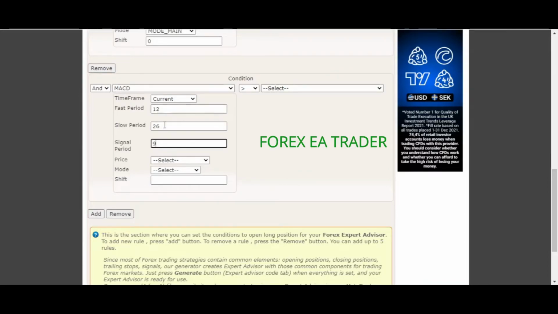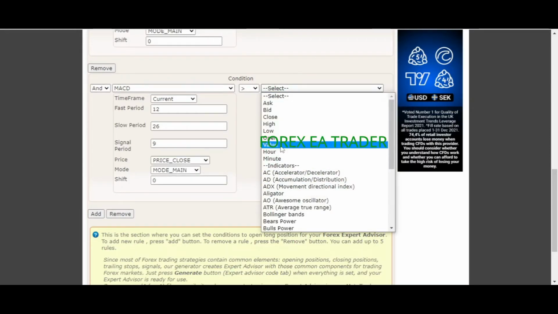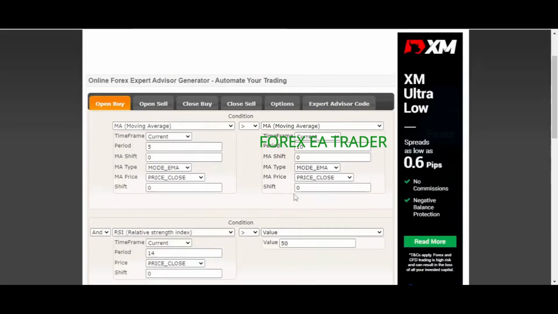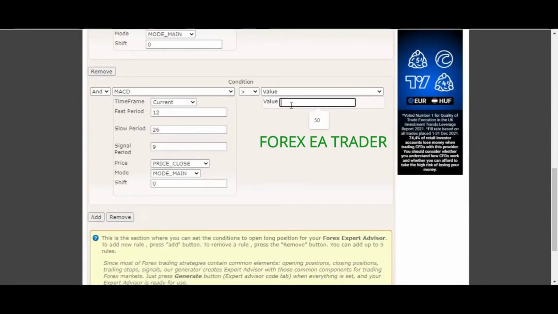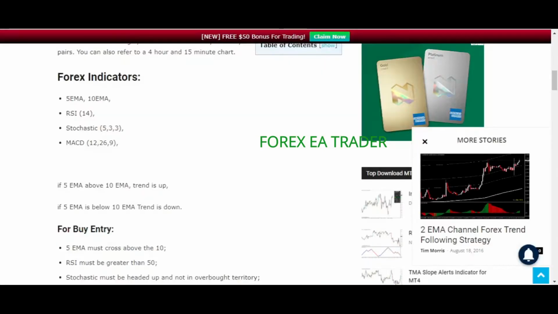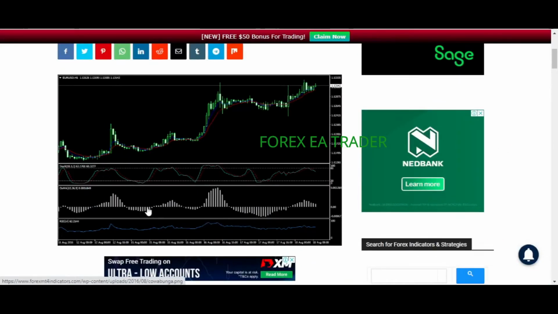You can always play with these values to suit your particular needs. I'm just going to use main there. I'm going to put in a 0 there, and it's going to be above the value 0, the 0 line. With MACD, we usually only use the 0 line, which is the middle line in there.